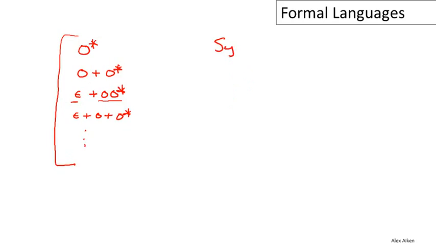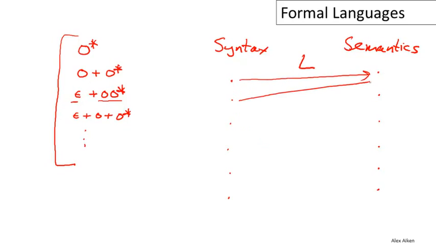And if you think about it, what this means is that in general, if I draw the two domains, and I think about different expressions over here and different distinct meanings over here, the function L that maps between them is many to one.